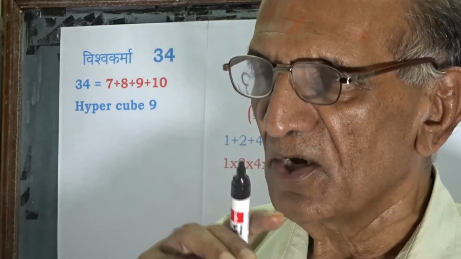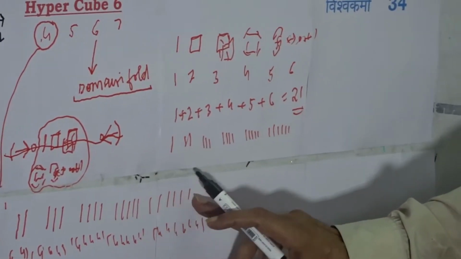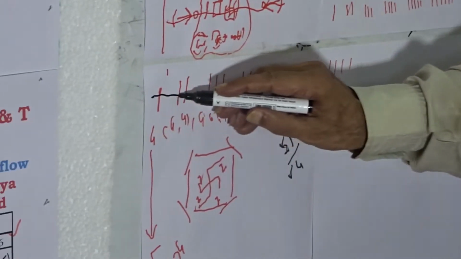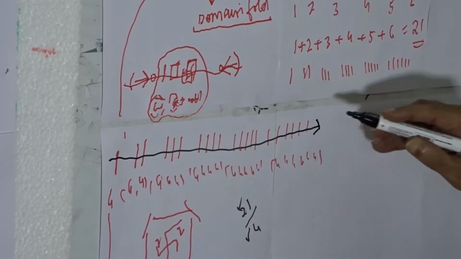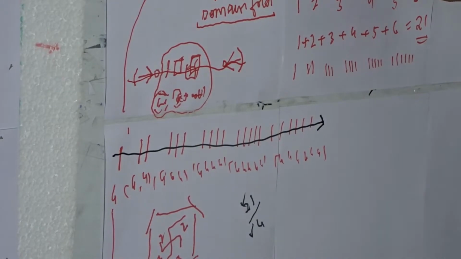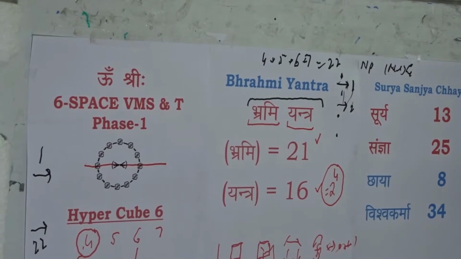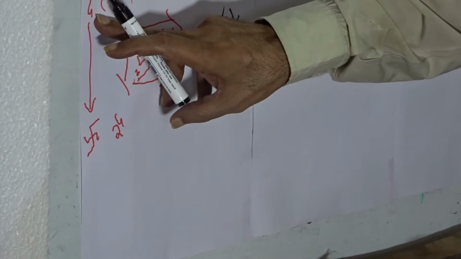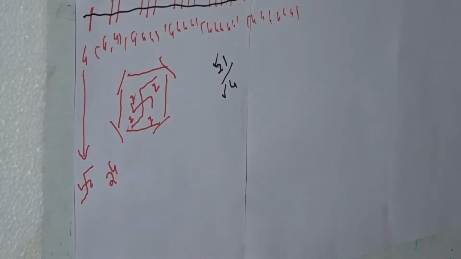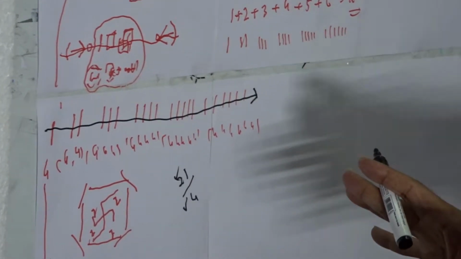This bridging of 21 gaps is in terms of 21 creative dimensions. These 21 creative dimensions are being availed as Brahmi, and as there are quadruple spatial dimensions in each dimension, therefore, this Brahmi Yantra is of these features.